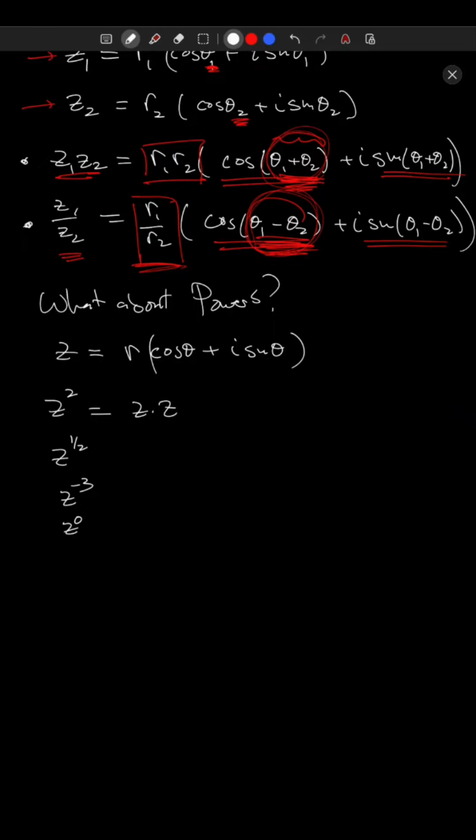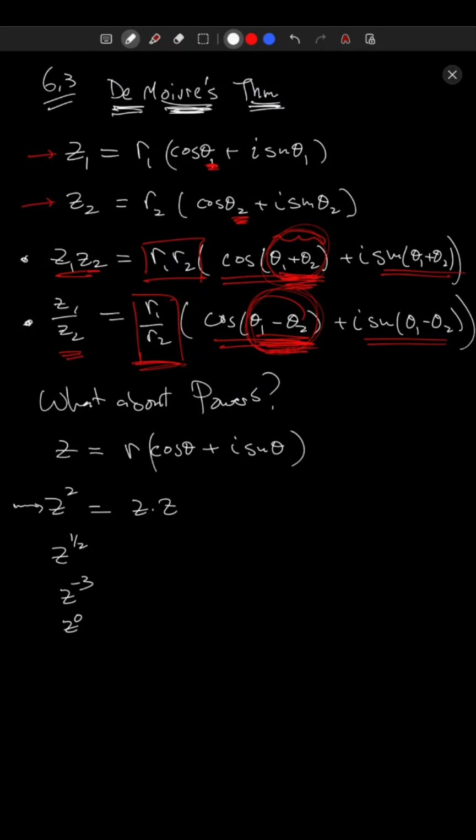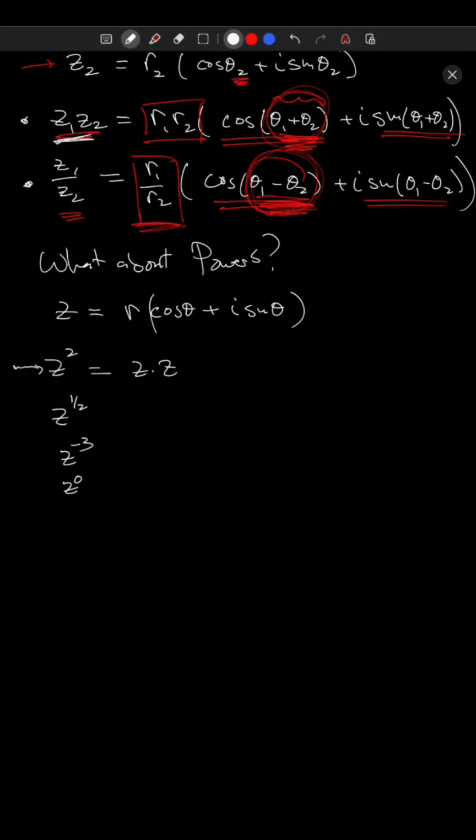These aren't really multiplication, but because the core idea behind powers is multiplication, z squared is z times z, we expect something nice and simple when we work in trig form with powers, just like multiplication is nice and simple in trig form. And in fact, it turns out to be exactly that.